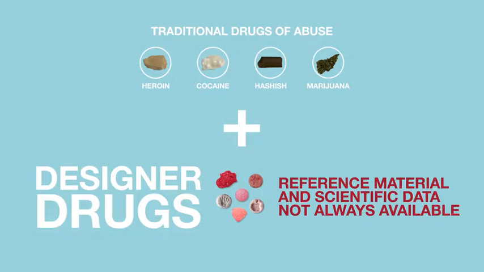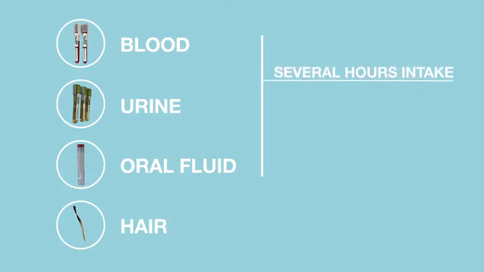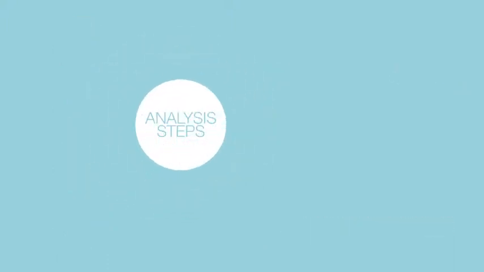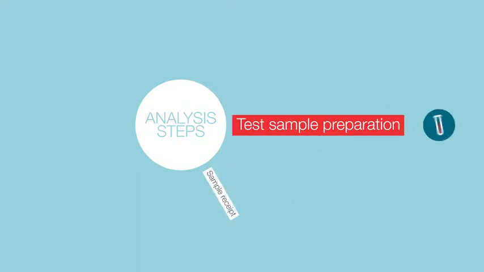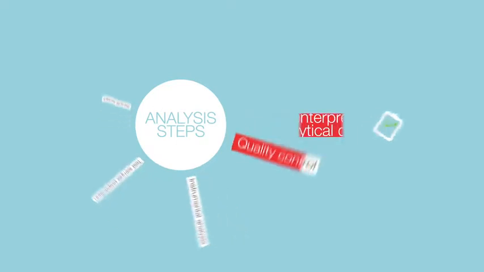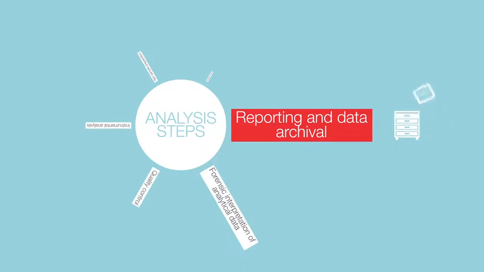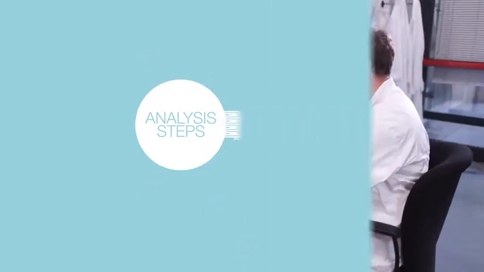The most commonly analyzed sample matrices include blood, urine, oral fluid, and hair. While blood and urine are used to determine drug intake several hours after ingestion, hair provides insights into long-term intake. Analysis involves several steps: sample receipt, test sample preparation, instrumental analysis, quality control, forensic interpretation of analytical data, reporting, and data archival.